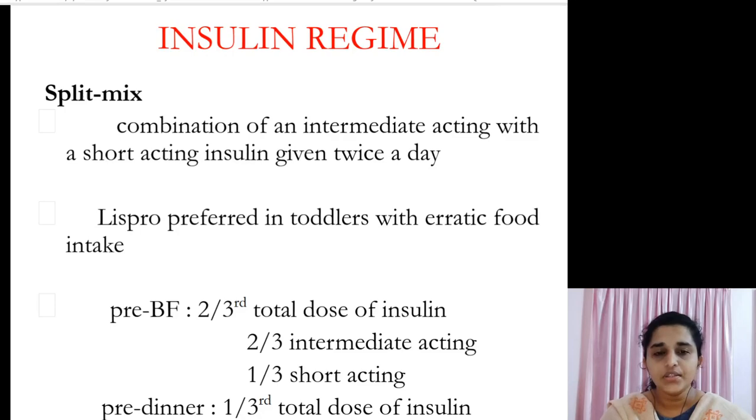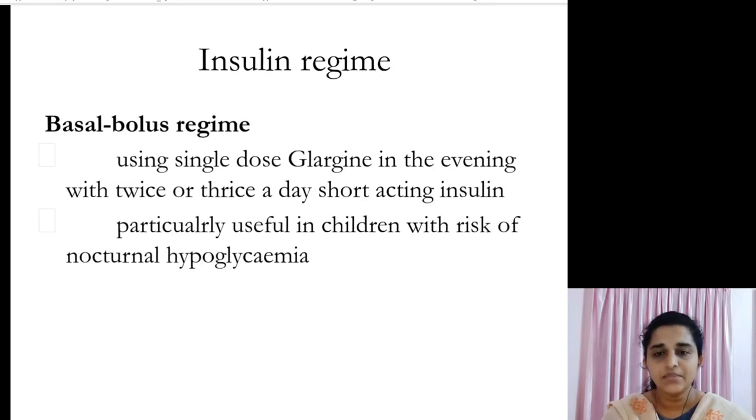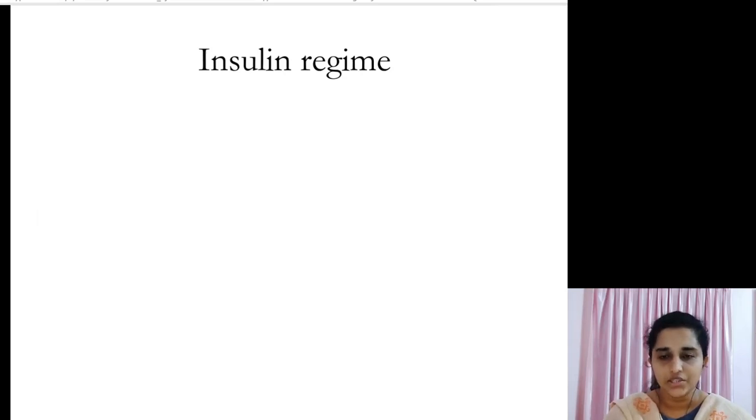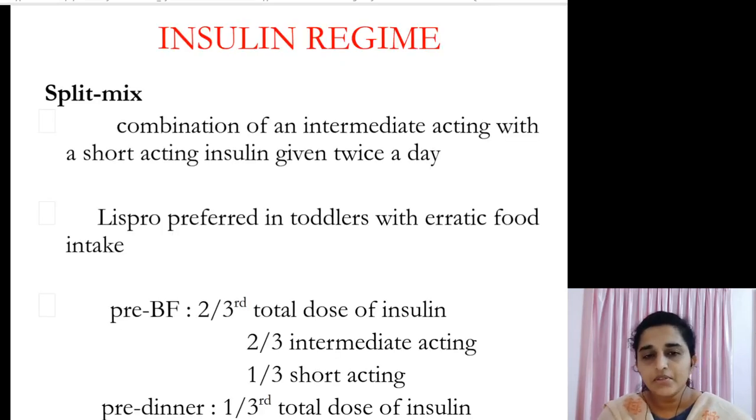We'll see the insulin regimens. Commonly we use the split mix regimen and the basal or basal bolus regimen. In the split mix regimen, we give a combination of an intermediate-acting with a short-acting insulin, given twice a day, like Lispro. It is preferred in toddlers.